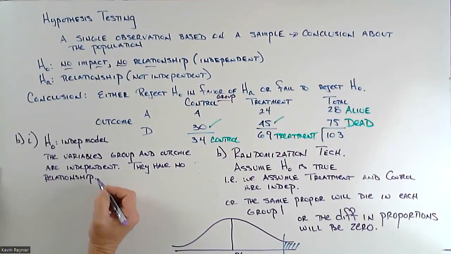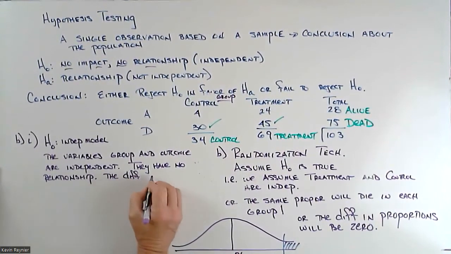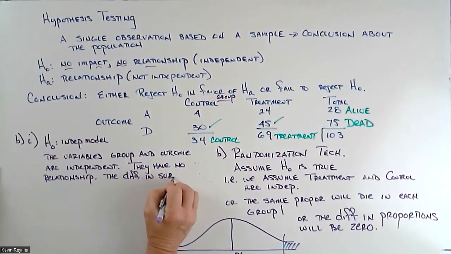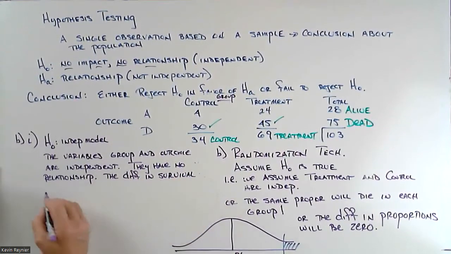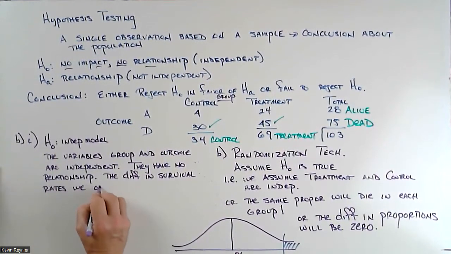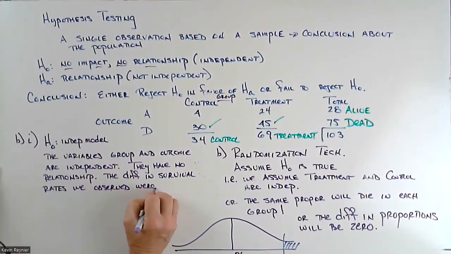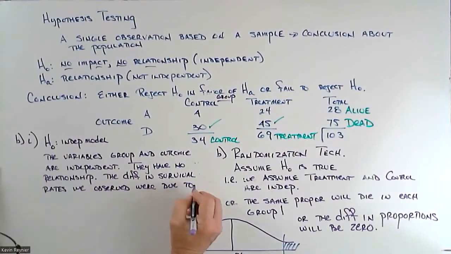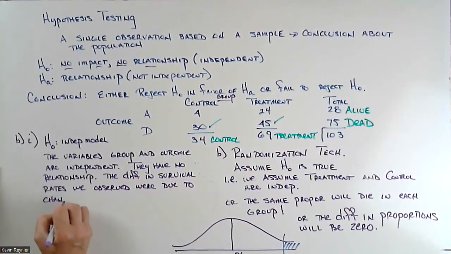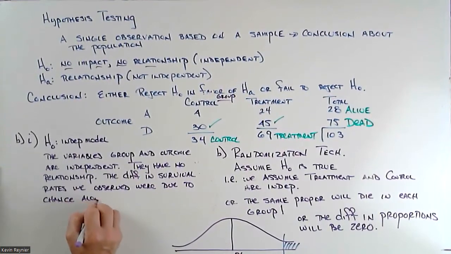It means the difference in survival rates we observed were due to chance alone. Now, you don't have to write it verbatim like I write it. You have to communicate this idea, though.